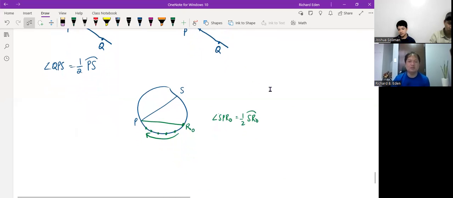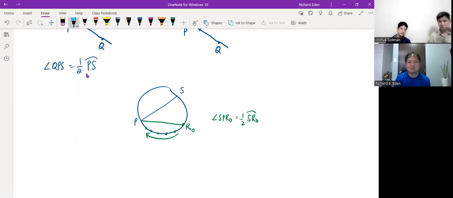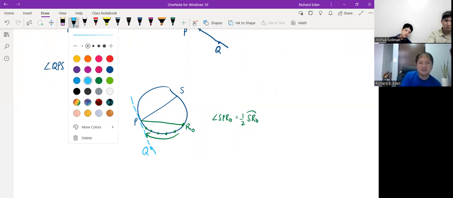And then if we move R0 closer and closer to P, what we imagine happening is that instead of chord PR0, we get this tangent. Okay, so from the chord PR0, we immediately get this tangent, and then let's locate point U just so we can easily refer to the angle that's being formed.